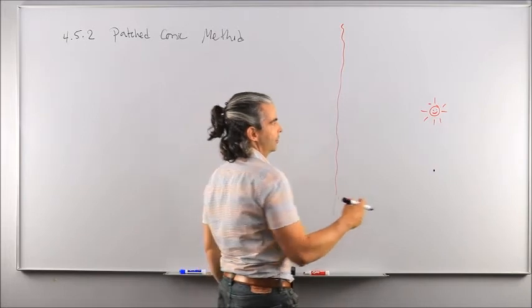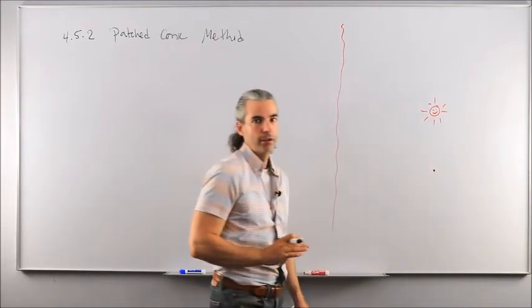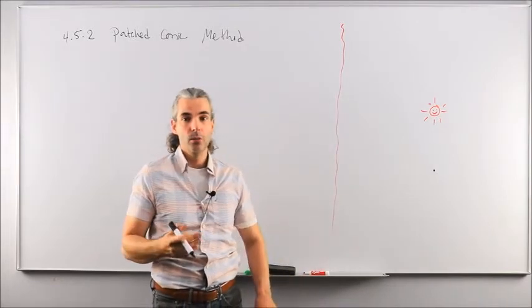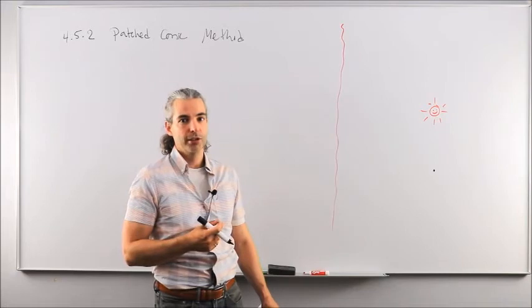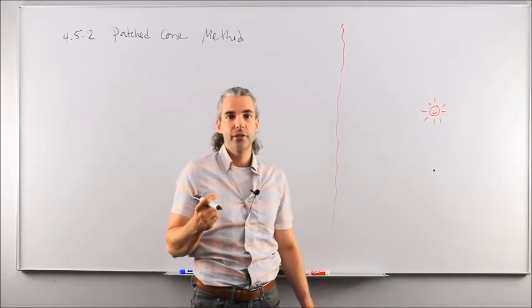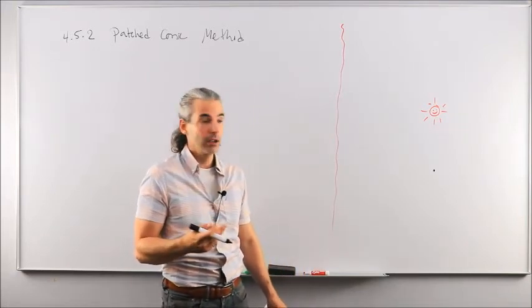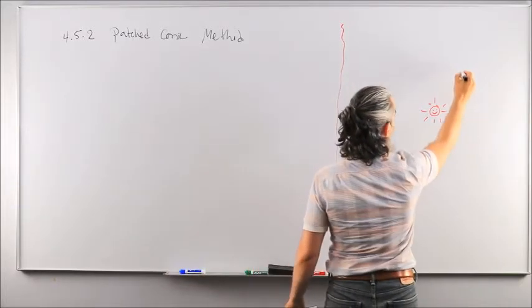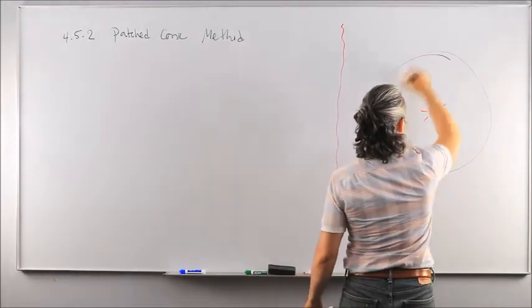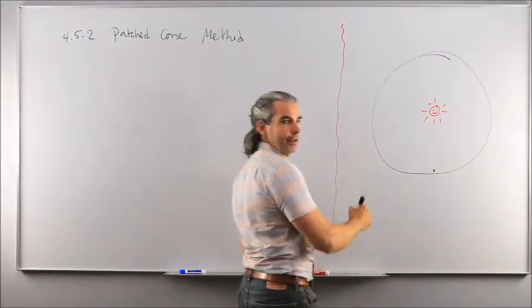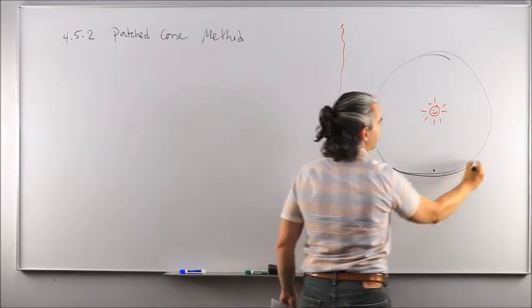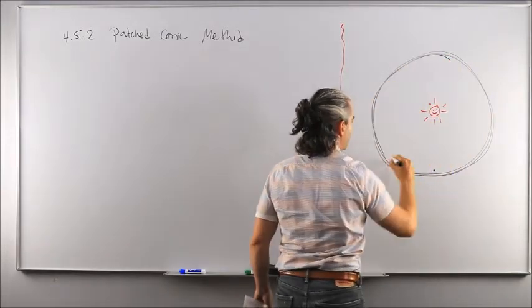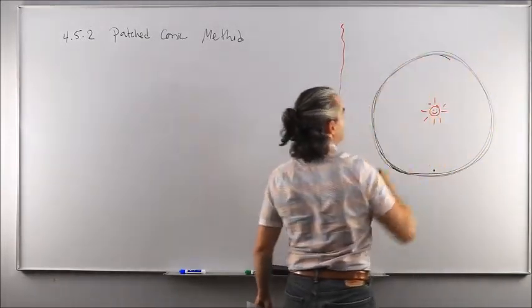And furthermore, we will assume that their orbits are all circular, which goes against Kepler's first law, which was that all planets follow elliptical orbits around the sun. But if you look at the actual eccentricity values for those orbits, they are all pretty low. So for all practical purposes, we're going to consider that the orbits of all planets around the sun are perfectly circular. You'll have to assume that this is a perfect circle, obviously, which doesn't look like one, thanks to my artistic skills in terms of drawing.